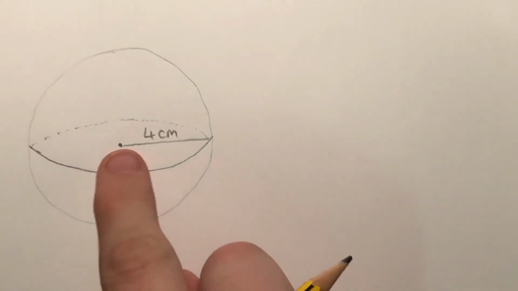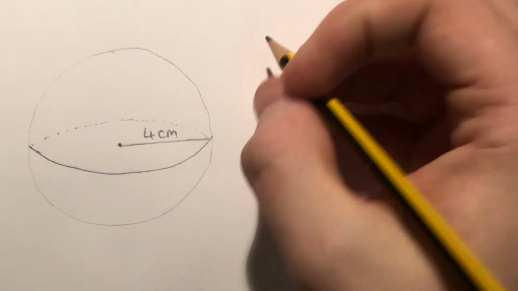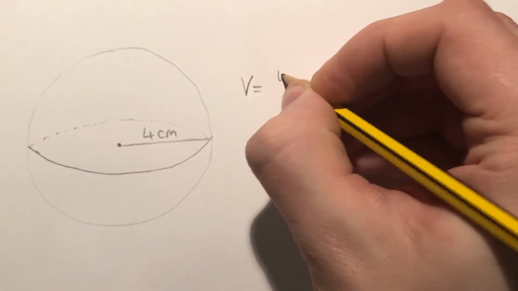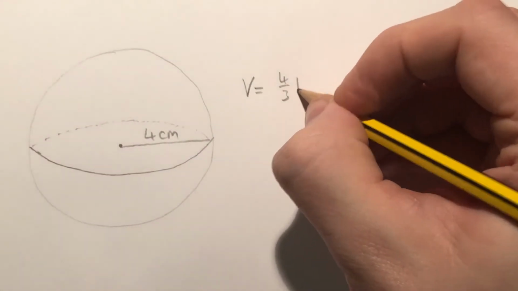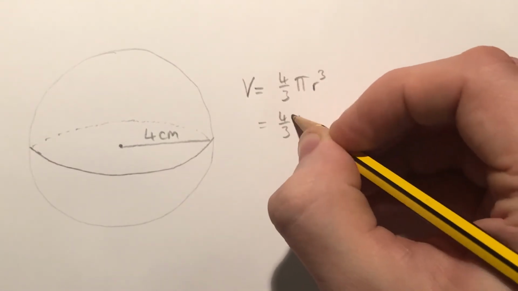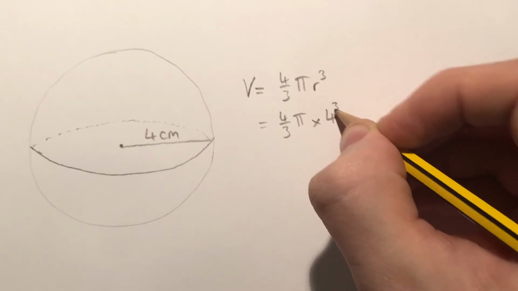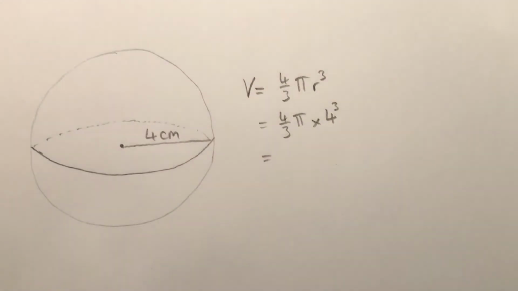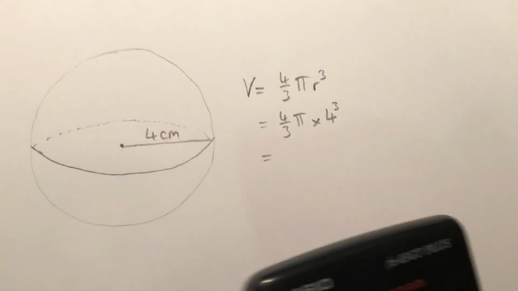Let's go straight into an example then. We've got this one here. We're told the radius is 4 centimetres. So volume equals 4/3 pi r cubed. So we know it's going to be 4/3 pi times 4 cubed. And again, just like we did with the cone, it's just a case of sticking numbers straight into a formula.